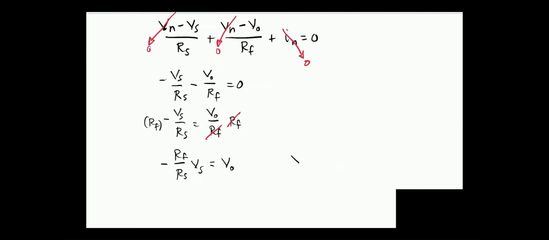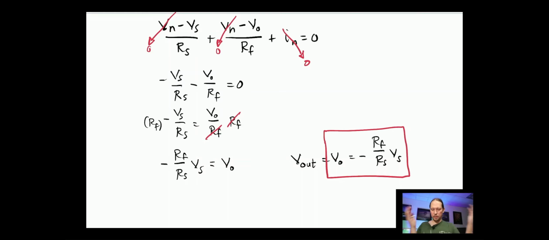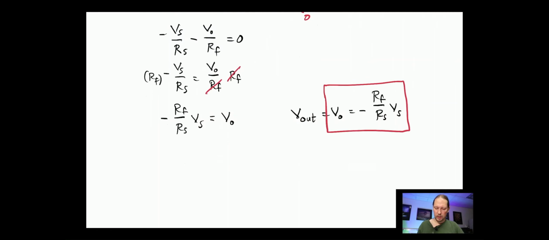Now, it's customary to write the output voltage on the opposite side like this. So that whole equation can be rewritten like this, and this is literally exactly what we were after. Remember, our initial goal was to find the output voltage as a function of the input voltage along with the rest of the components that are there.